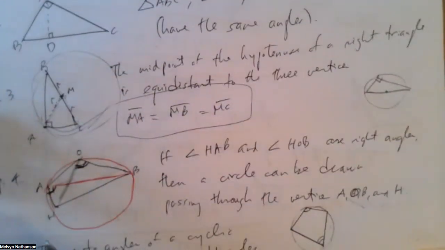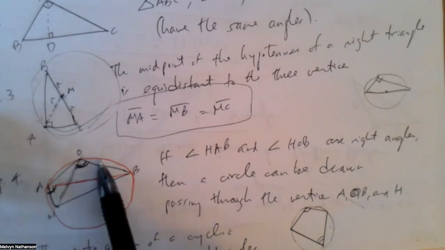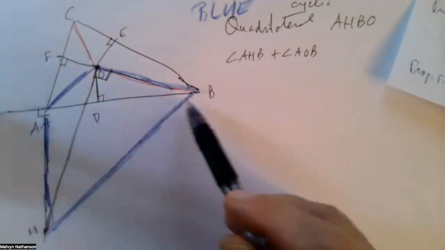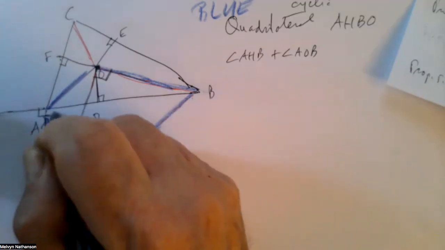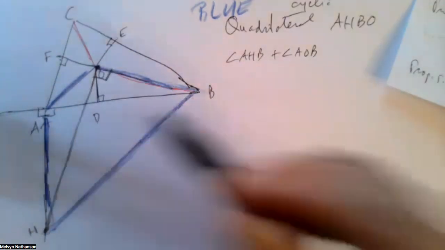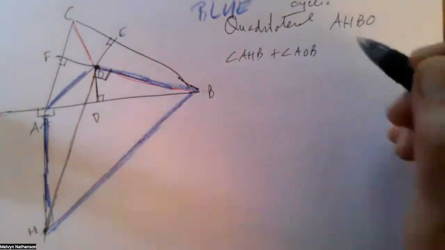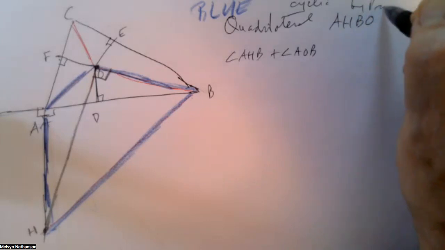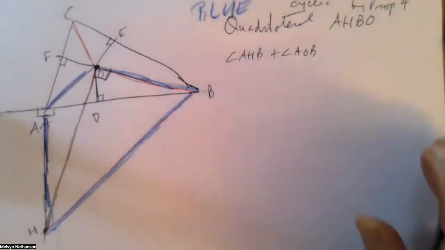In proposition 4, you have a quadrilateral AHBO, and if the angles HAB and BOH are right angles, then it's cyclic. So HAB and BOH. HAB is a right angle. BOH is a right angle. So this is cyclic by proposition 4.